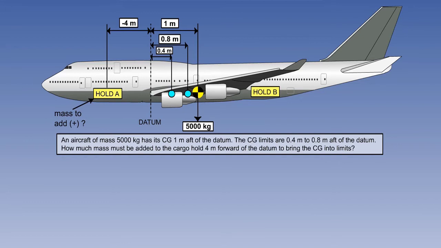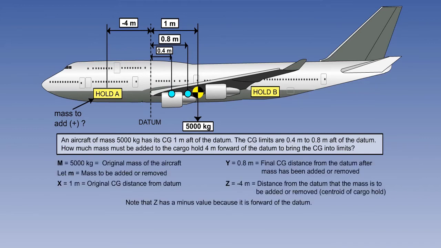The mass is 5,000 kilograms, and the original centre of gravity is 1 meter aft of datum. In this instance, all of the details are given on a representative aeroplane on screen, and the first step is to apportion the data to the key letters used in the formula.